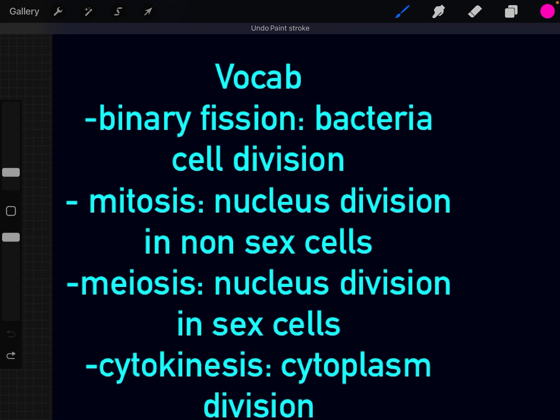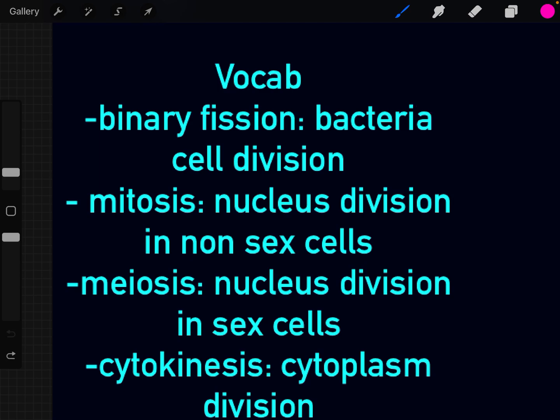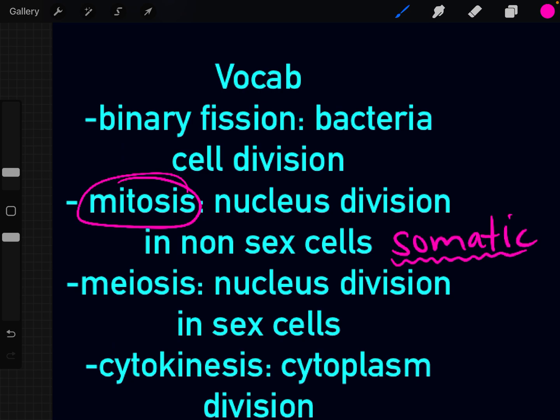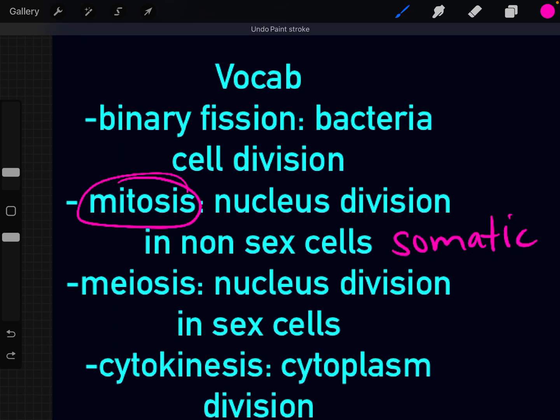And then we also have mitosis, which is the nucleus division in non-sex cells. So non-sex cells are also called somatic cells. These are basically just bodily cells that are not for human reproduction. And mitosis, a key thing to remember is it's just for the nucleus, it's not for the rest of the cell.